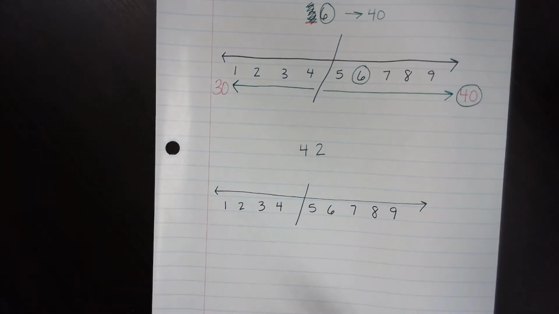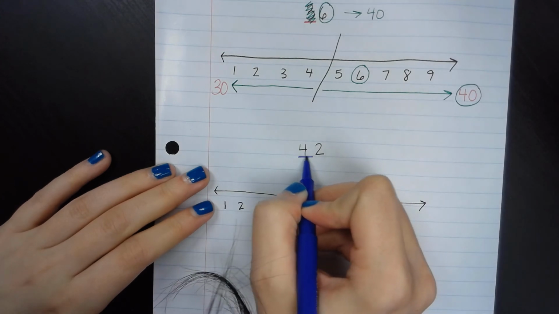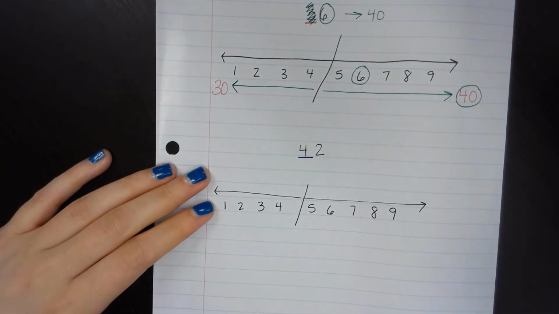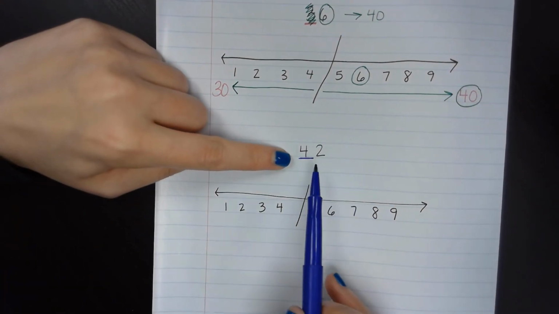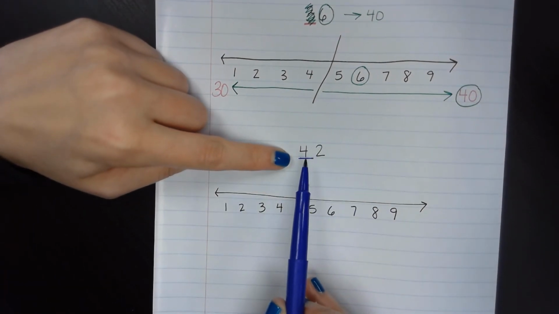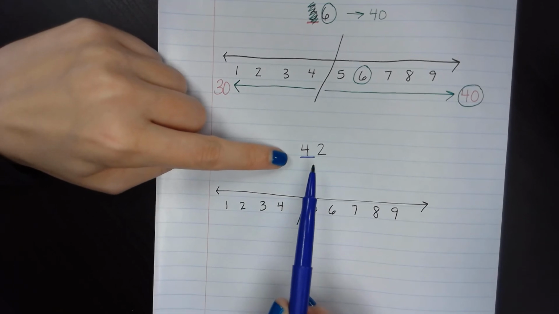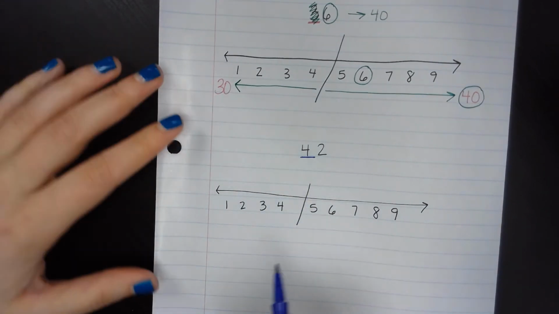Then the next thing that you're going to do is look at the number in the tens spot. So go ahead and draw your number in the tens spot. And you're going to figure out what the value of that number is. So this 4, the value of the 4 is 40.